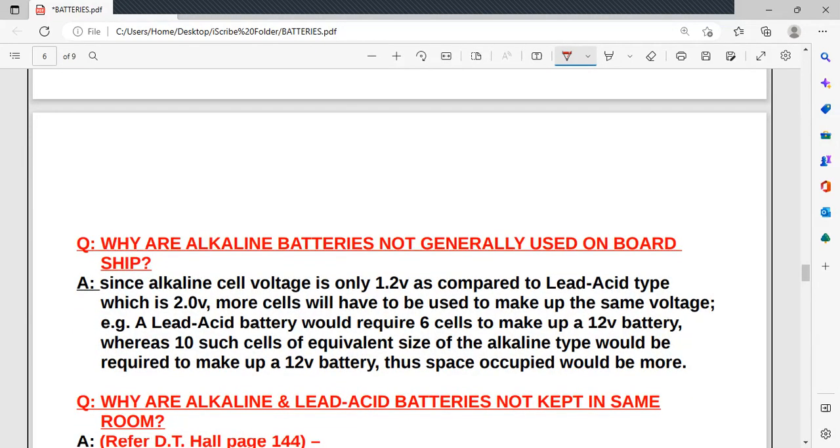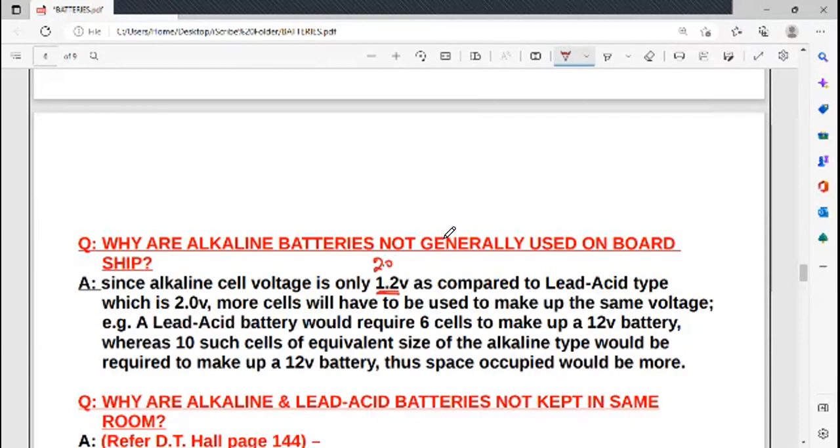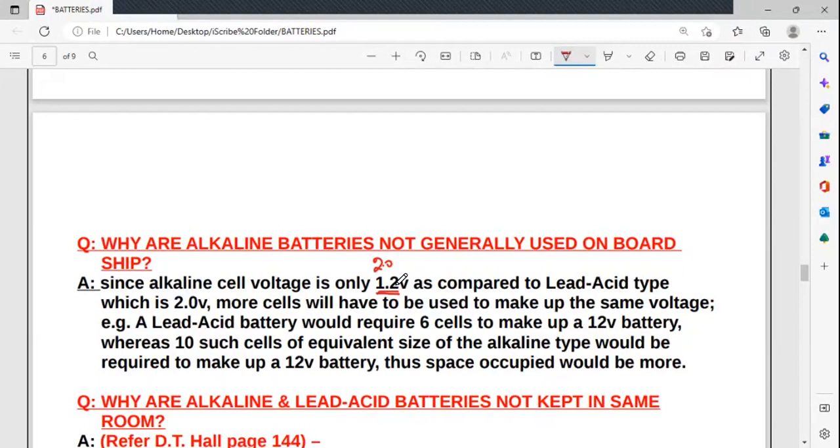Okay, so here are the other questions that are asked. Why are alkaline batteries not generally used on board? That is why I started off with the very first thing. As I said, 1.2 volts, as compared to 2 volts nominal voltage for your lead acid batteries. And when you have that low a voltage per cell, then as we saw, it would require many more cells to make up a given voltage.